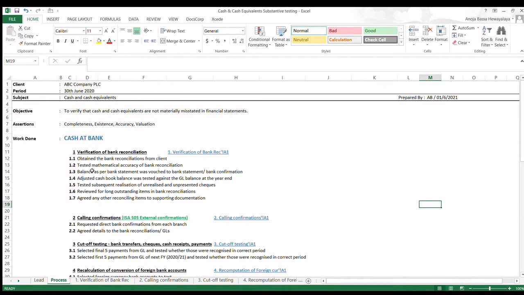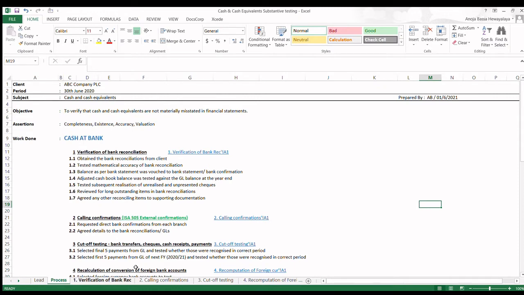When there are reconciling items in the bank reconciliation, such as unpresented checks, go and test their subsequent realization. And if the client has inserted some other reconciling items in the bank reconciliation, go and test the source documents for them.